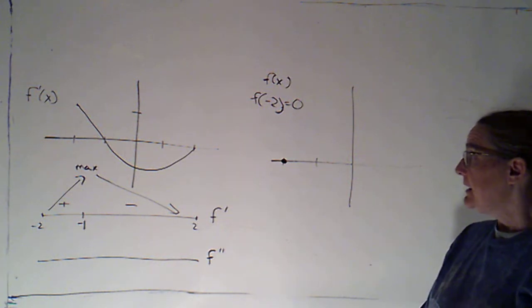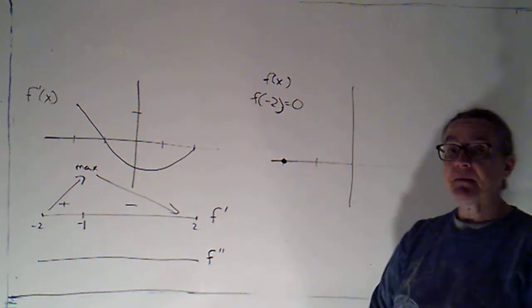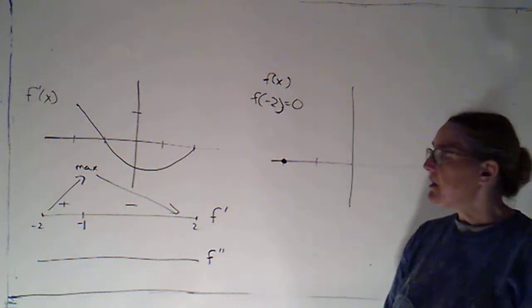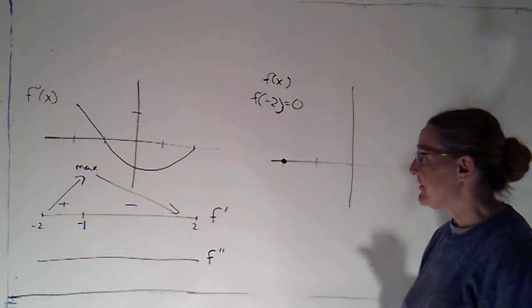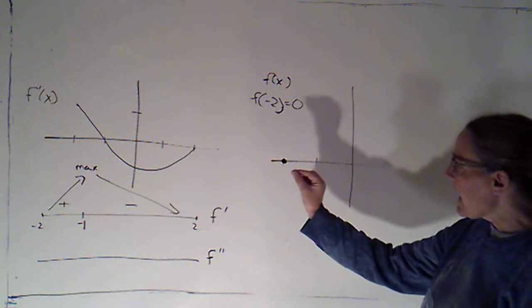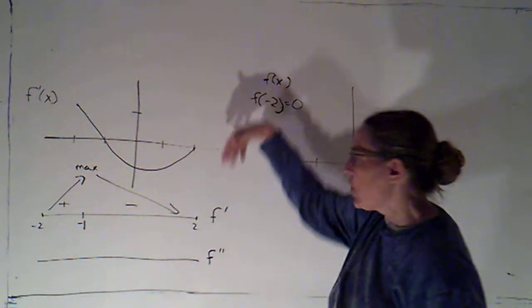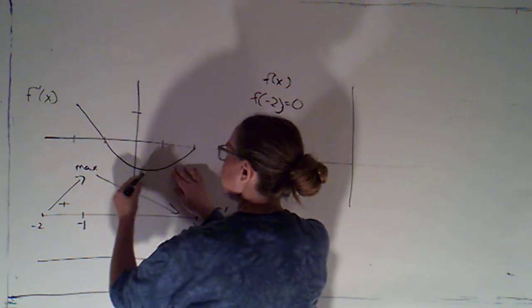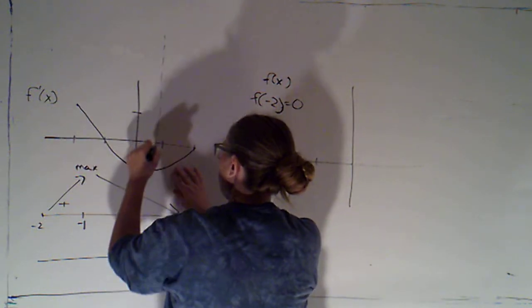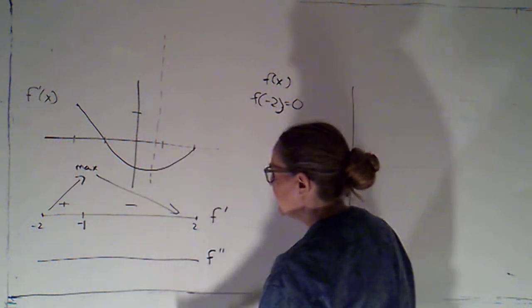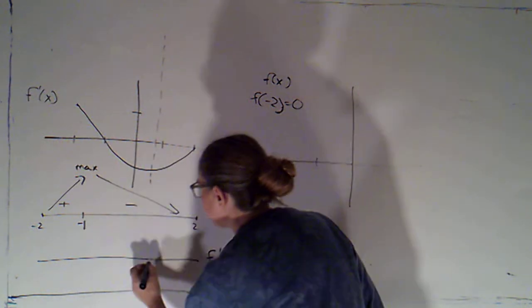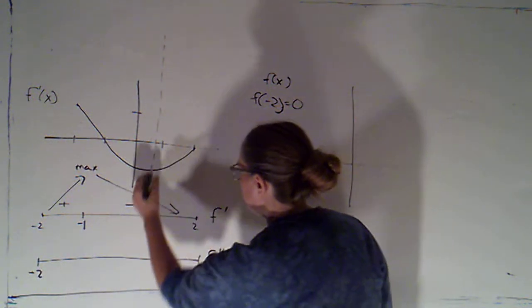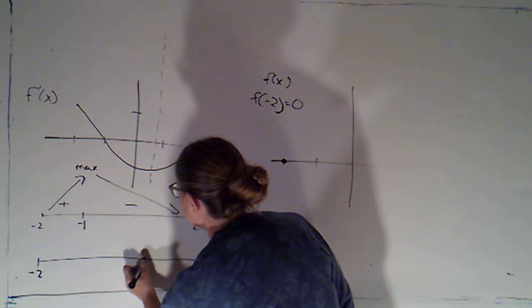Okay. Now, let's see if we can figure out some information about f double prime. So f double prime would be the derivative of f prime. So now I'm looking at, here's my f prime, what is it doing? Well, it looks like it's initially going down, and it goes down until about there, so this is -2, and this is 2, a little to the left of 1.